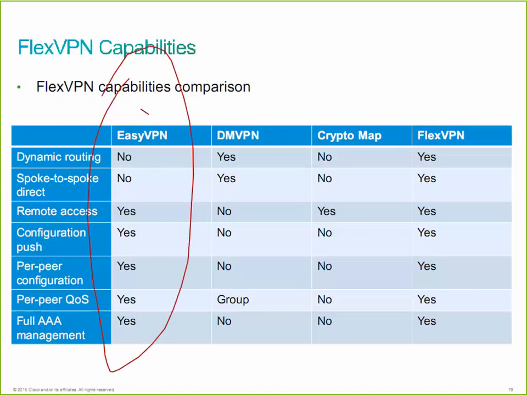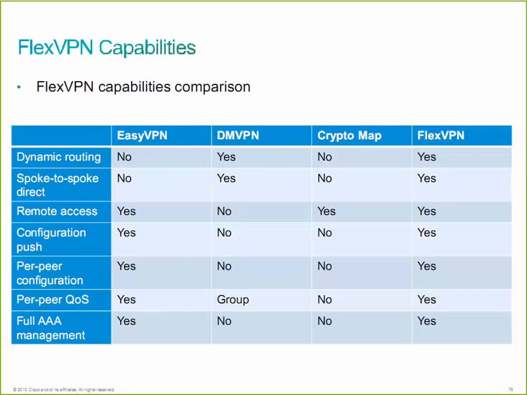We can see no spoke-to-spoke communication, no dynamic routing, etc. The dynamic routing is a big point, right? Now, if I compare this to DMVPN, which is really the predominant VPN architecture that's in place today, yeah, we can do dynamic routing and spoke-to-spoke communication on both of those.